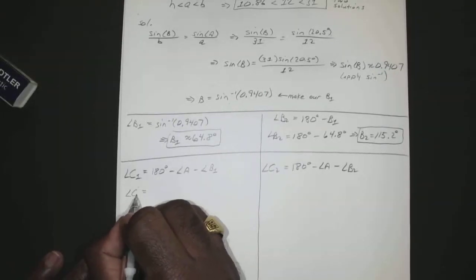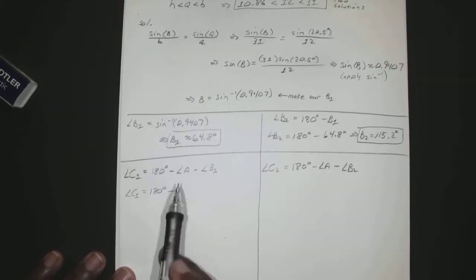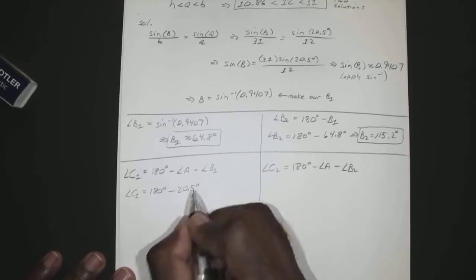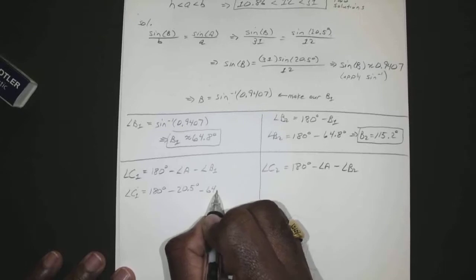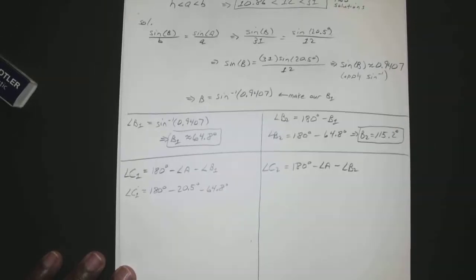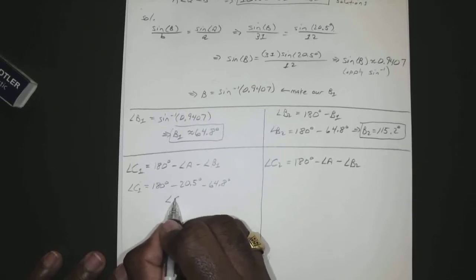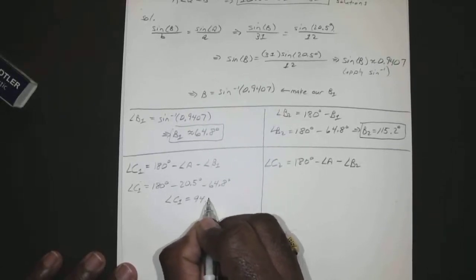Okay, so your angle C1 is 180 degrees minus your angle A, so minus 20.5, minus your angle B1, so minus 64.8 degrees. Your angle C1 is actually going to equal 94.7 degrees.